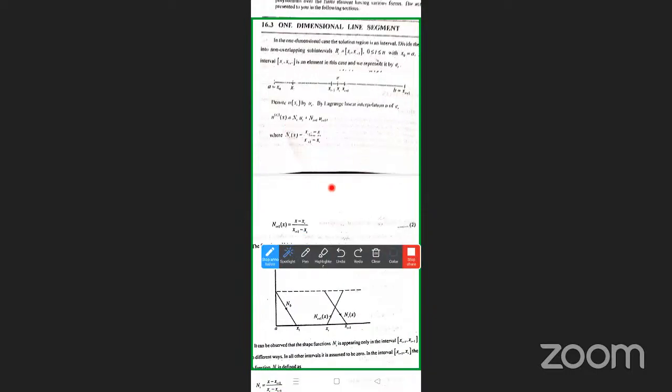By Lagrange's interpolation formula for xi comma xi minus 1 comma xi plus 1, using the previous divided differences from unit 3, Lagrange's interpolation formula for xi minus 1 comma xi plus 1 gives capital N i plus 1 of x equal to x minus xi by xi plus 1 minus xi.